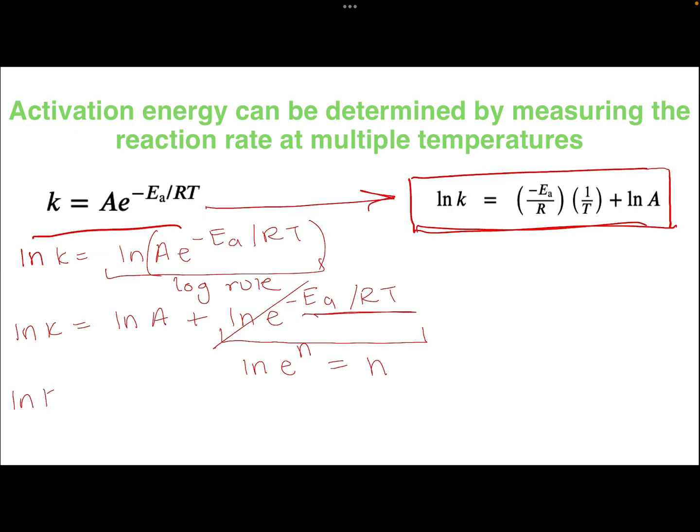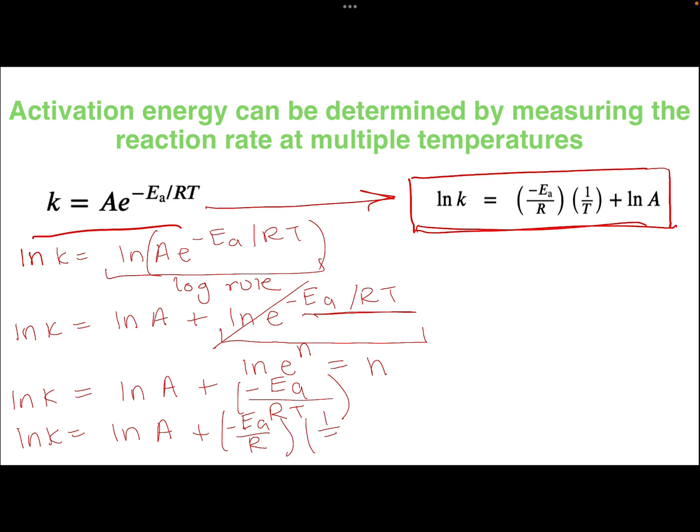So now we have the natural log of A plus our activation energy over our gas constant times temperature, which we can rewrite just to make things a little bit clearer, like this.